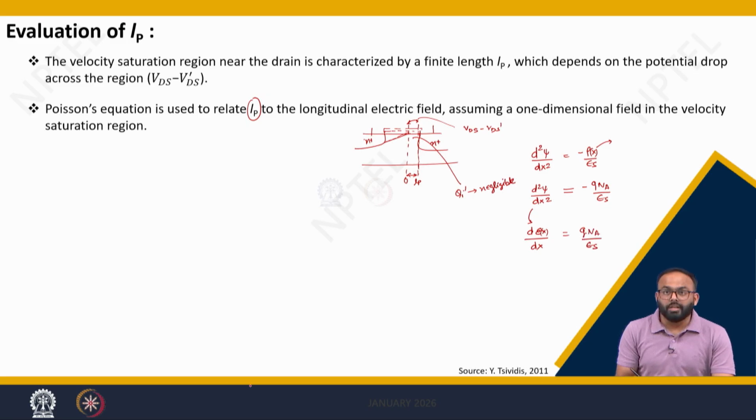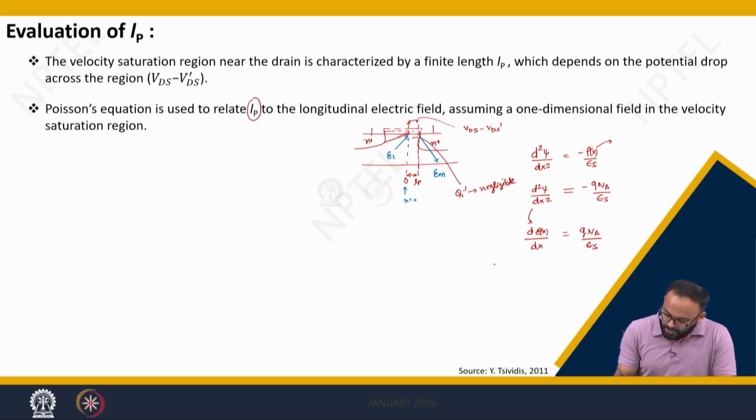Now, let us consider some boundary conditions. Exactly at this region where LP starts, at x equal to 0, the electric field is E1, and exactly at LP the electric field is defined as Em. So, we will use this equation to find some boundary conditions and a closed form equation for LP.